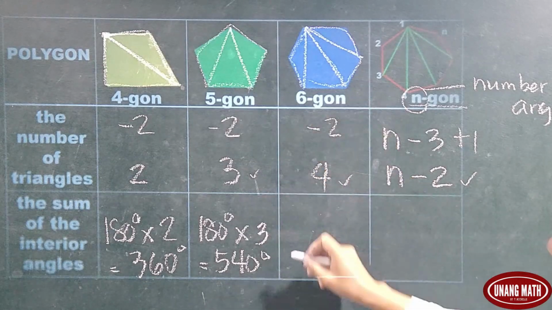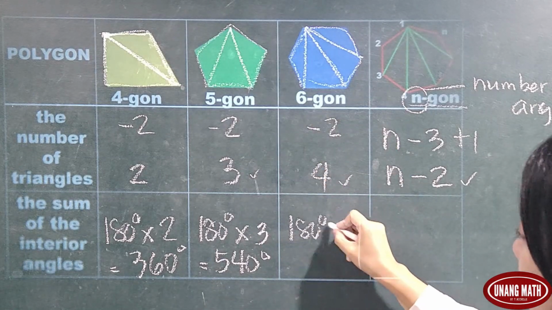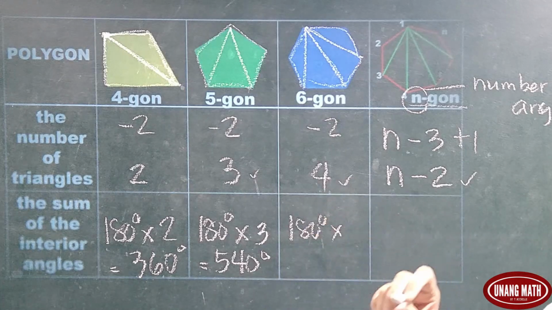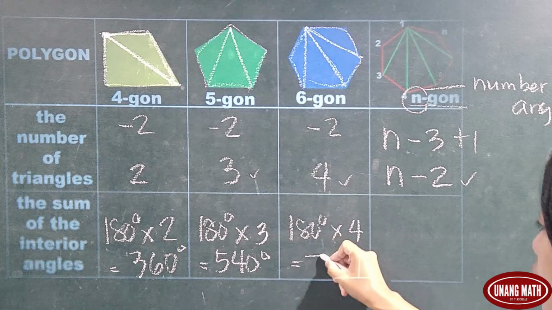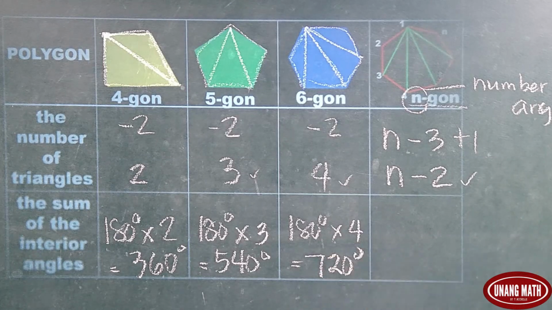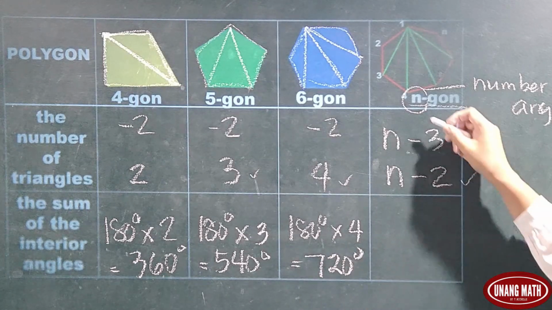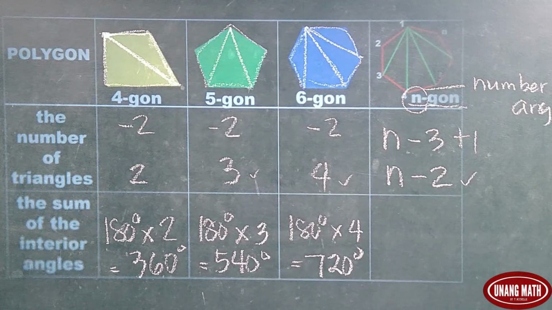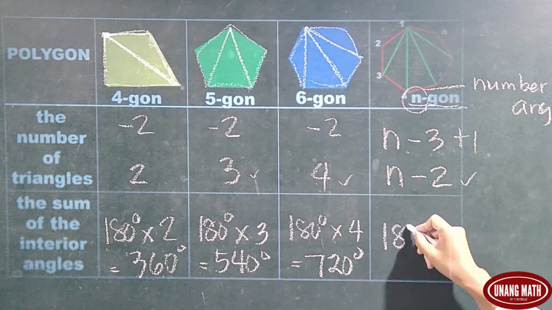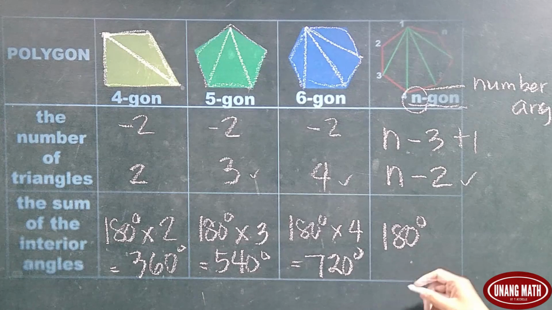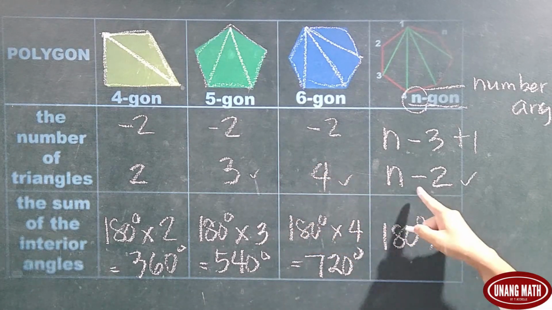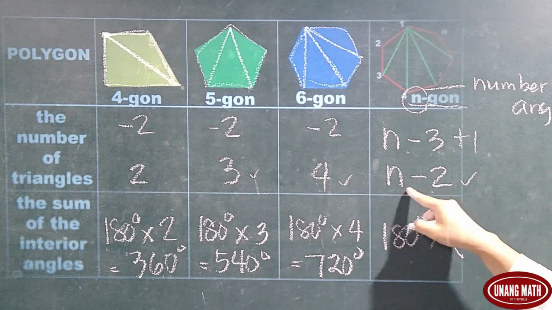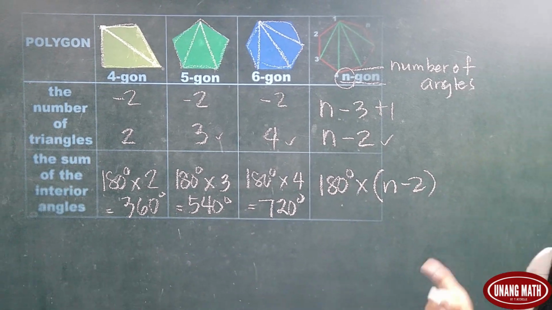For sixgon, okay, so 180 degrees times 4 triangles. 180 times 4, then this is equal to 720 degrees. Okay, now, what about for n-gon? So, for one triangle, 180 degrees, times the number of triangles. So, this is times n minus 2.